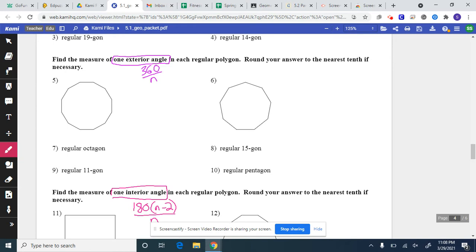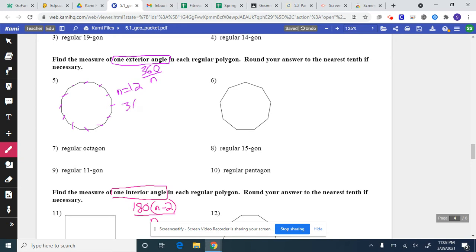So again, we're going to count how many sides there are. For number 5, 1, 2, 3, 4, 5, 6, 7, 8, 9, 10, 11, 12. So again, it's 12, so I have n equals 12 again. I'm just going to put 12 where the n is.